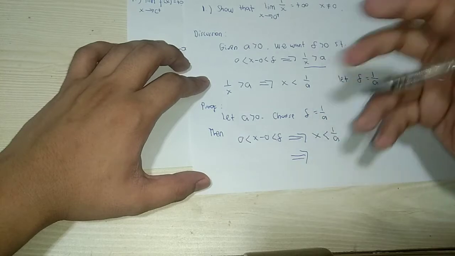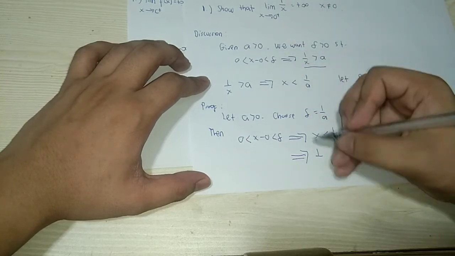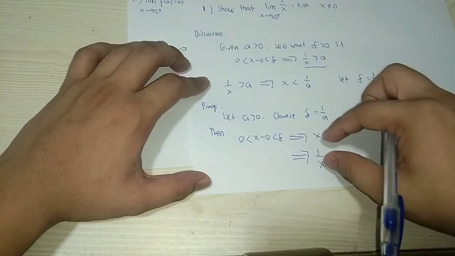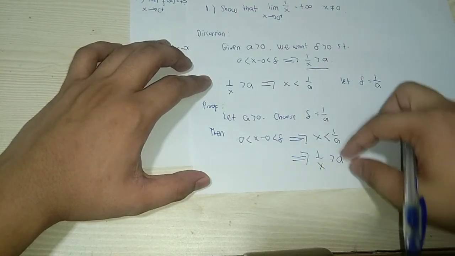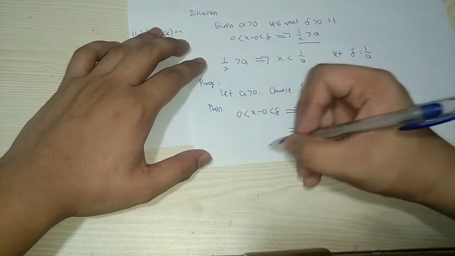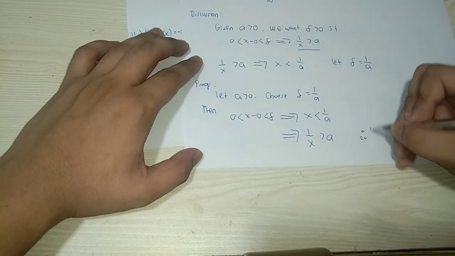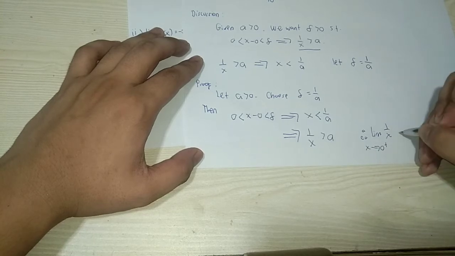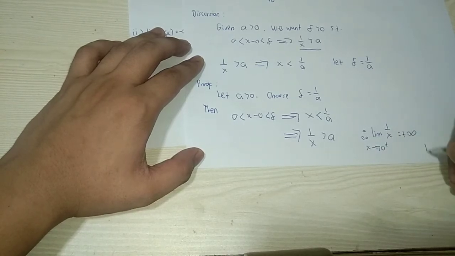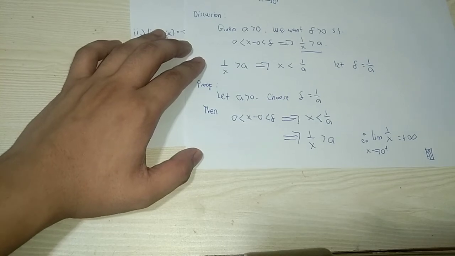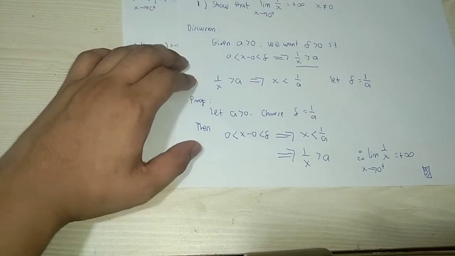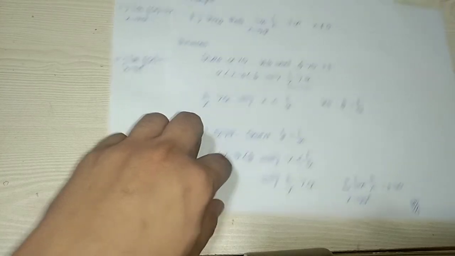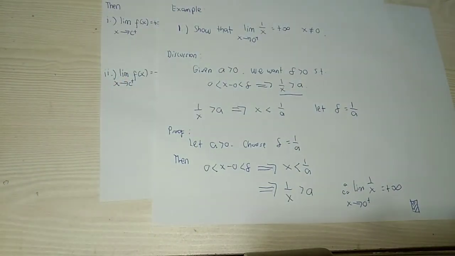Di ba parang na-reverse lang yung process sa discussion. 1 over x greater than a. So, napalabas na natin 1 over x greater than a. So, therefore, limit 1 over x approaches 0 from the right, positive infinity. So, para lang tayo nagpo-prove nung tulad kanina. Ang pinagkaiba lang ito, hindi na tayo gumagamit ng absolute value. Okay?